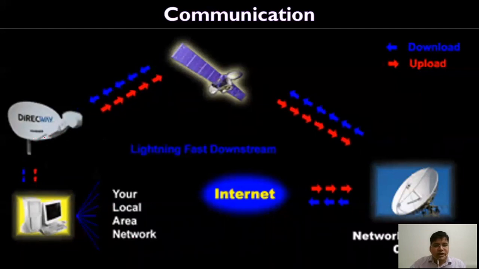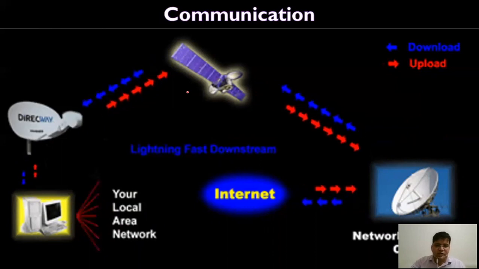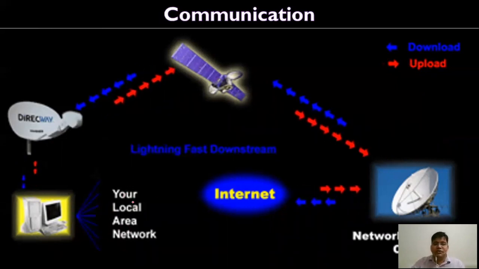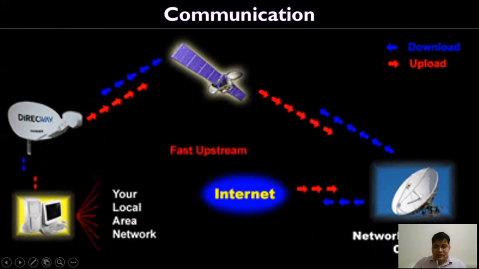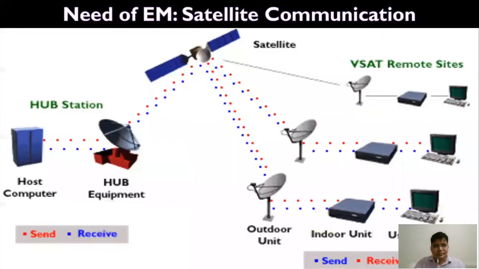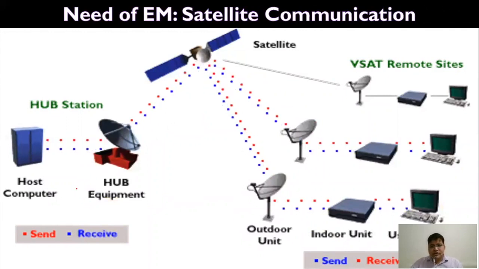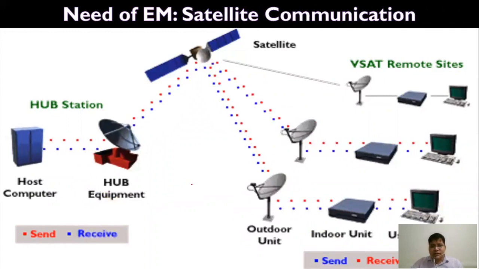So it is happening like this. We are sending the signals towards the satellite, and we are receiving the signals, and the internet is working, the local area network is also working, meaning you are using the Wi-Fi over there or something like that, and we are using the electromagnetic waves for these applications. Then again, need of satellites, you can see here, it is also the same example.